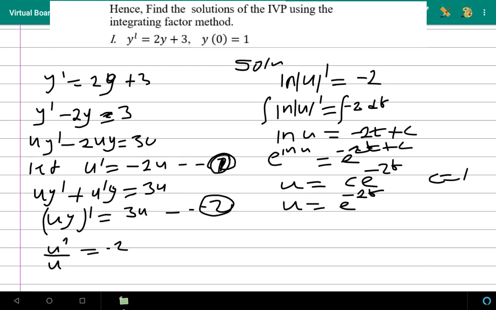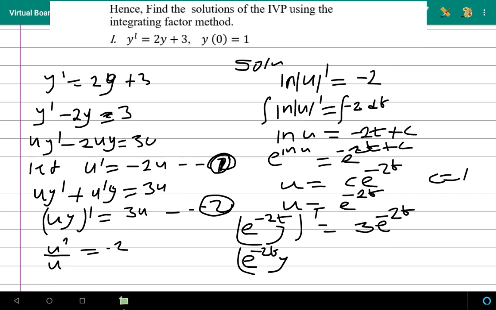Now we substitute this inside equation 2. So from equation 2, I have (e^(-2t) y) prime equal to 3u, which is 3 e to the power negative 2t. Now this can further be written as (e^(-2t) y) prime equal to, integrate what is here.